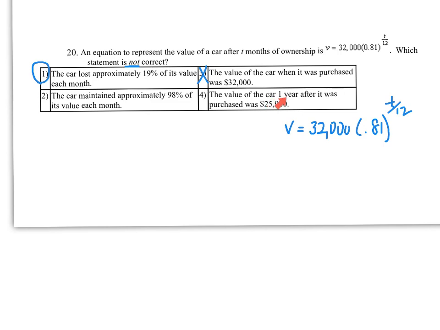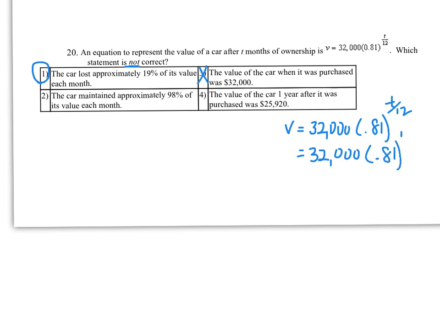So how many months are in 1 year? 12, right? And remember, T represents months. So again, choice 4 says 1 year after it was purchased. So what I'm going to do is find out the value of that car 1 year after it was purchased.